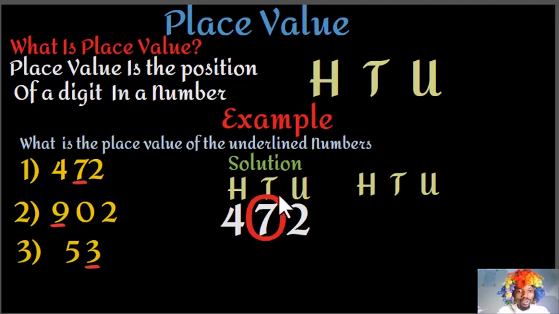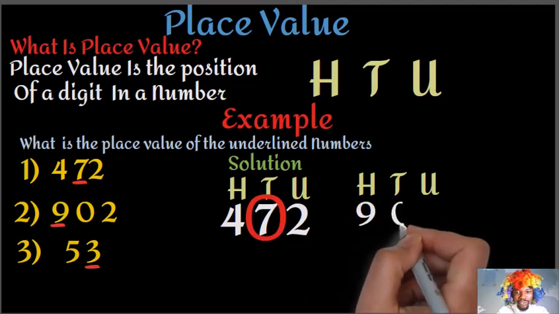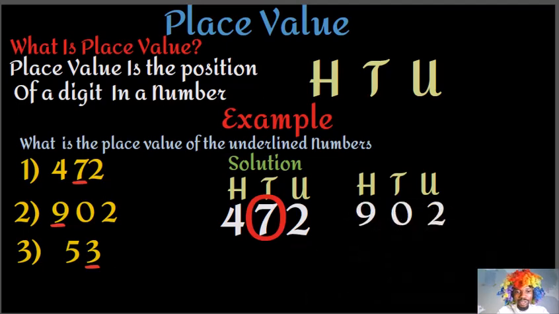All right, the next one, we're going to write 902 under our hundreds, tens, and units. So the underlined digit here was 9, and we're circling 9. 9 is under hundreds, and that gives us 900.